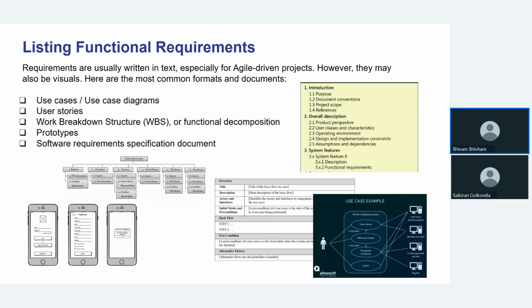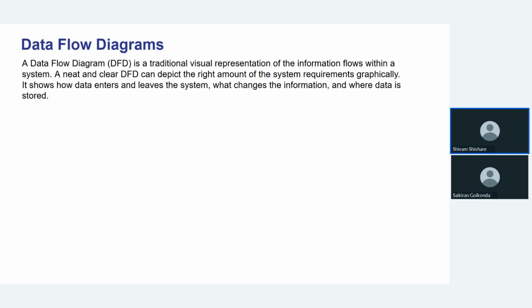So let's discuss the non-functional requirements. Firstly, we'll see the data flow diagrams. So what is a data flow diagram? A data flow diagram is a traditional visual representation of the information flows within a system.